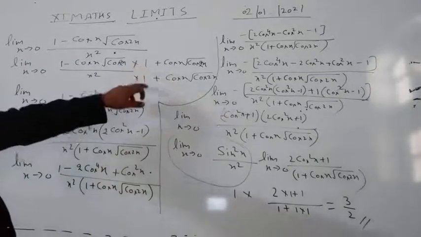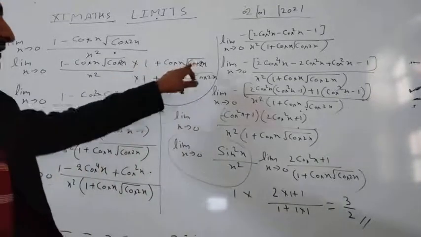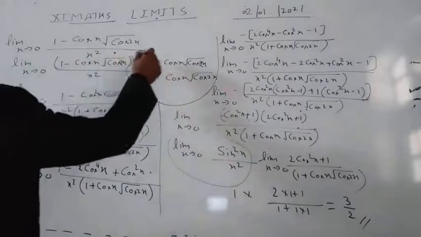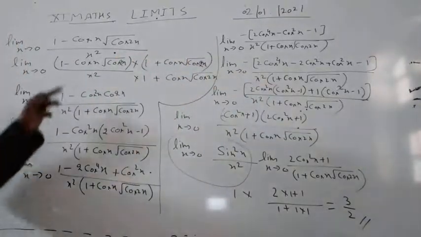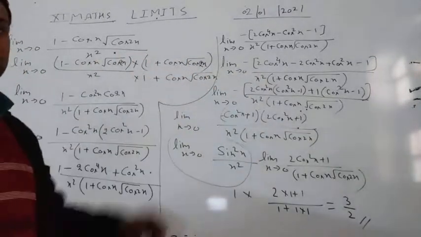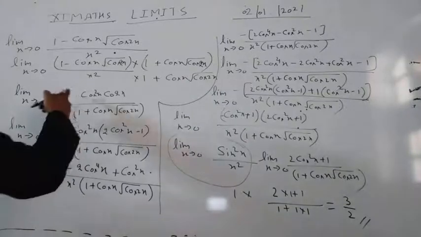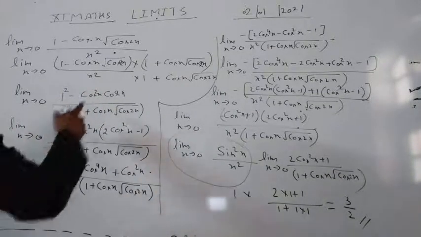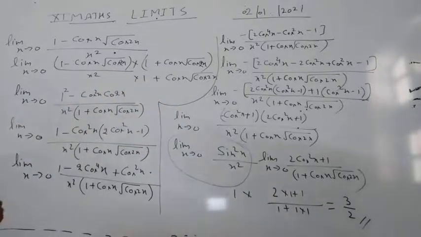We have multiplied and divided with 1 plus cos x under root cos 2x. Okay. Now here we are seeing this is a minus b, and this is a plus b, and this is a square minus b square. Okay student, so our root will be removed from here.